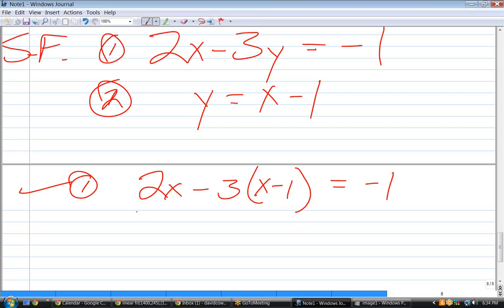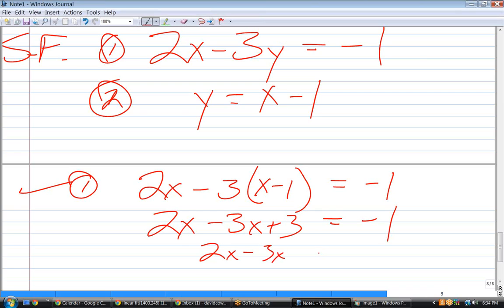So let's solve it. What's my next line? You could multiply and distribute negative 3. Give me the next line. Minus 3x plus 3 equals negative 1. Good. The next line? And then you subtract 3, so then 2x minus 3x equals negative 4.